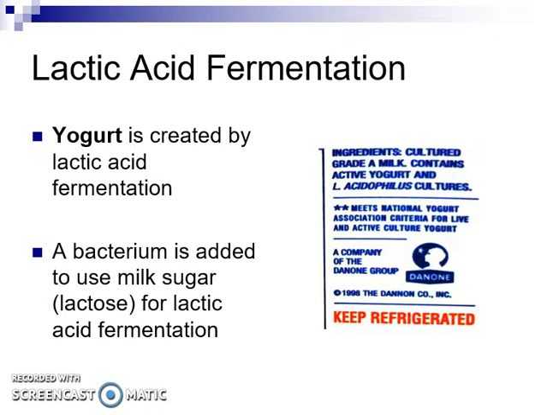Now, you can thank lactic acid fermentation for creating yogurt. Bacterium is added to milk, which is going to break down the milk sugar known as lactose, and you're going to have lactic acid fermentation.